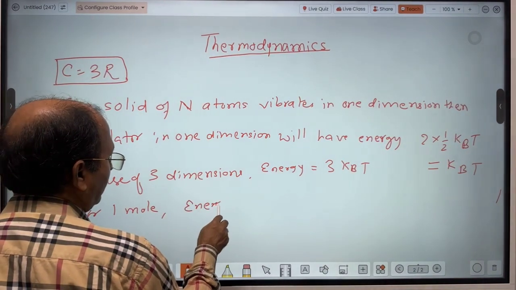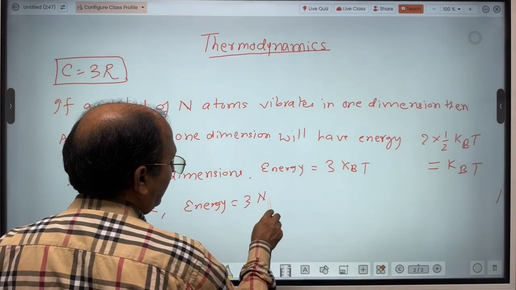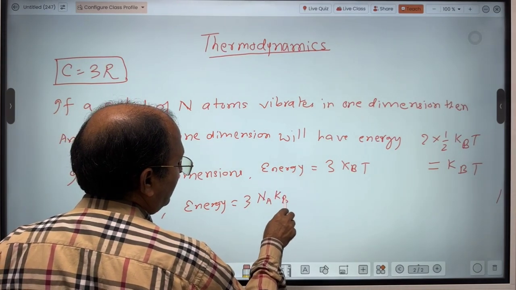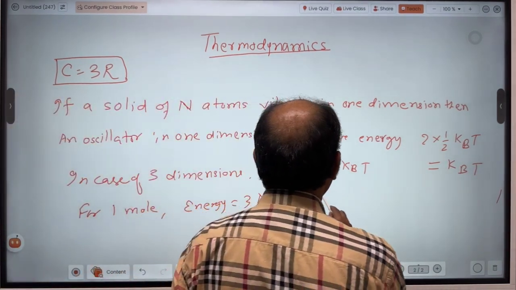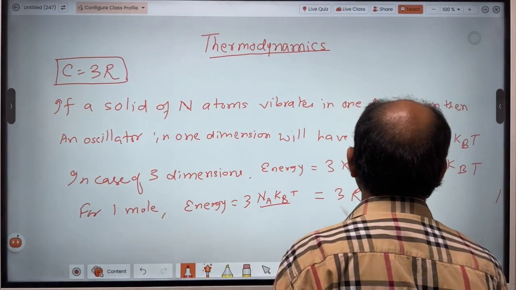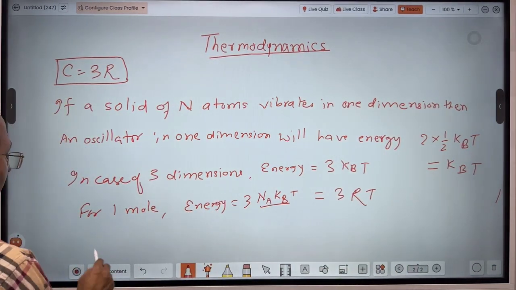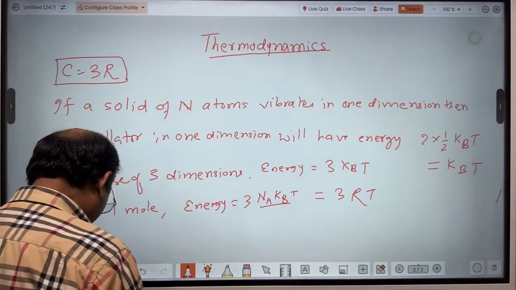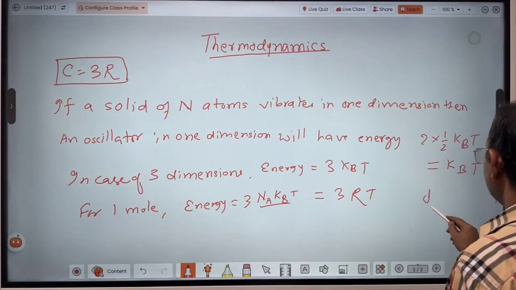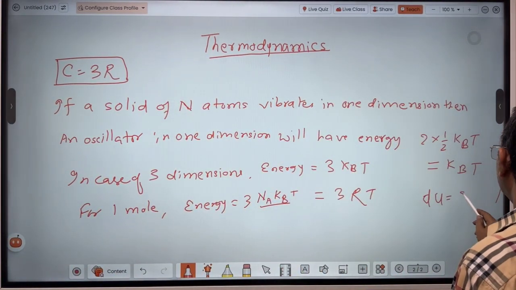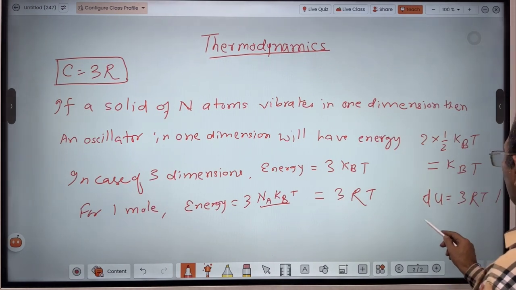Energy will be equal to, we will multiply by Na, 3 Na times kBT. But NaKB gives gas constant. So 3 RT, right? So this is energy. Now, our purpose is to find C, and generally this is internal energy. We can say, if we write it as du equal to 3 RT, right? And we find du upon dt.